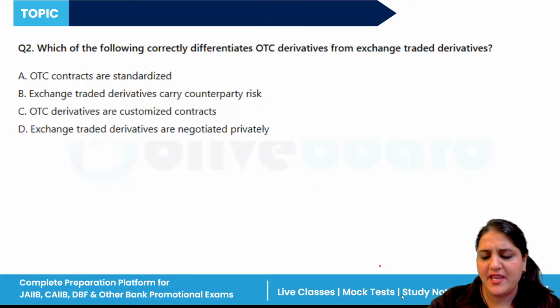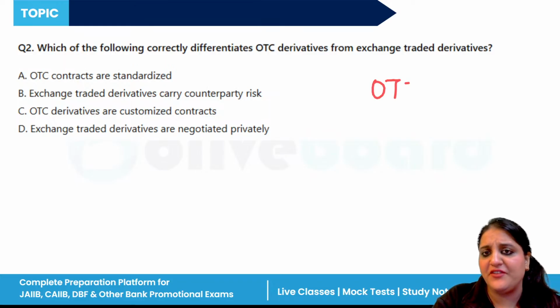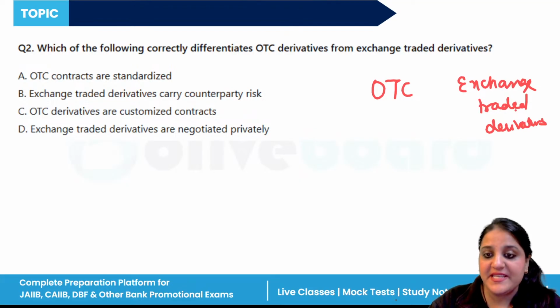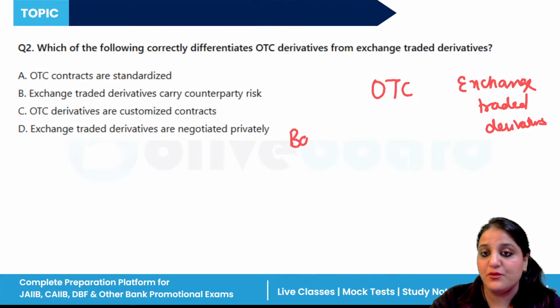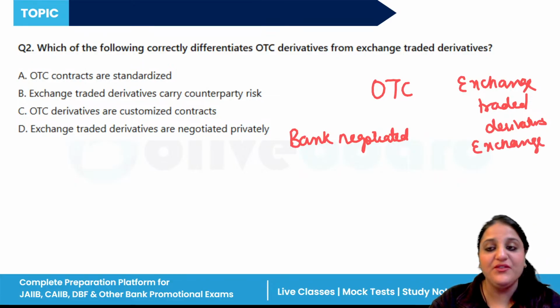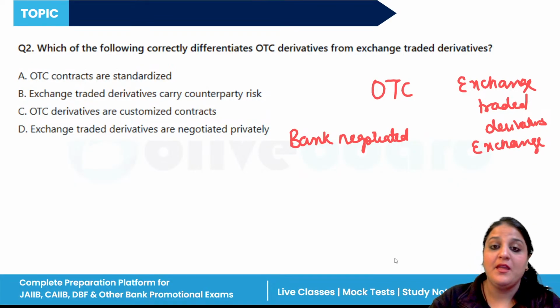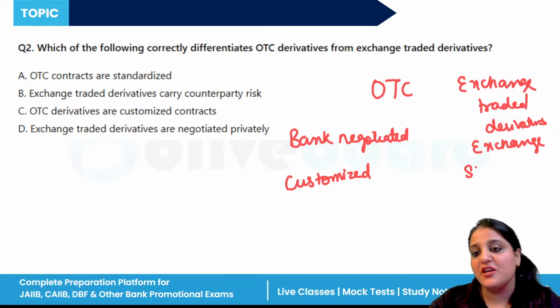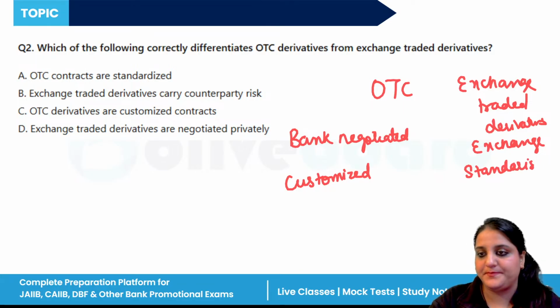So if I say, what is the difference between OTC and exchange traded derivatives? Simple, OTCs are bank negotiated and exchange traded derivatives happen on the exchange, right? In OTC, the contract is customized according to the need of the client, but in exchange contracts are standardized.